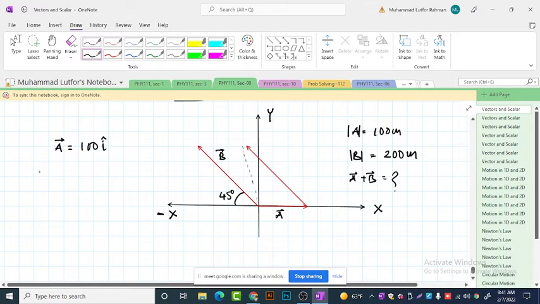Now what about b? If I write down b, b would be basically minus b cos 45 i hat, plus b sin 45 j hat. Can I write this equation? Yes, sir, this is correct.